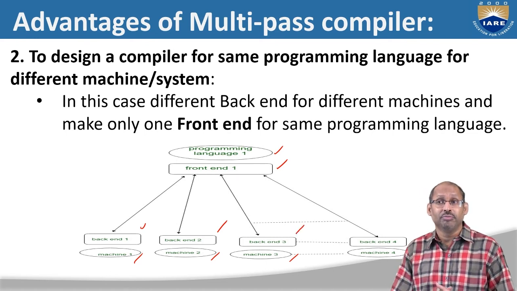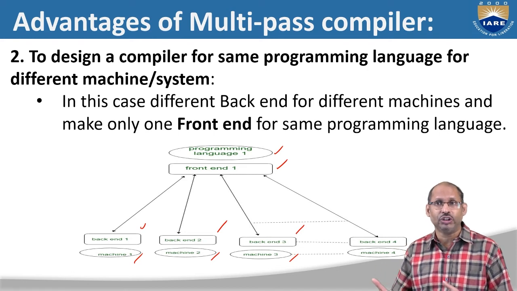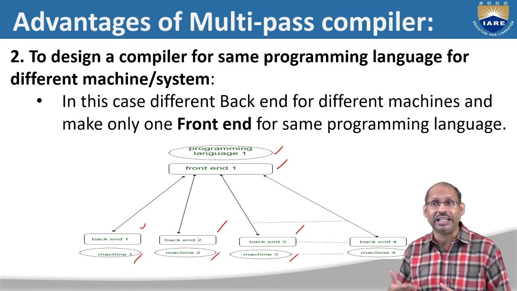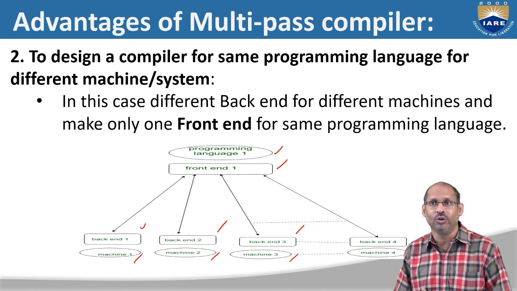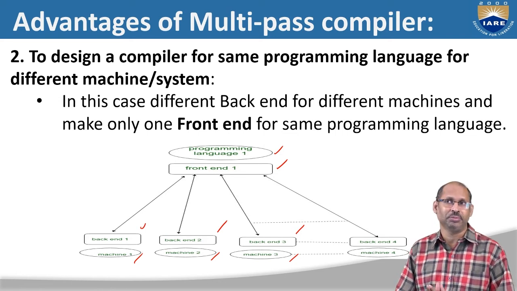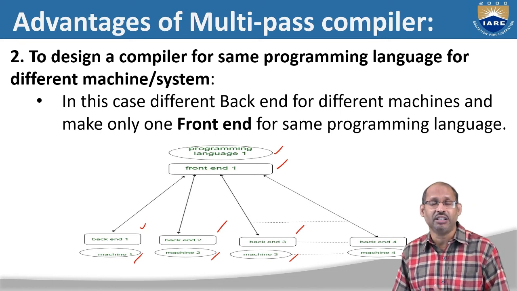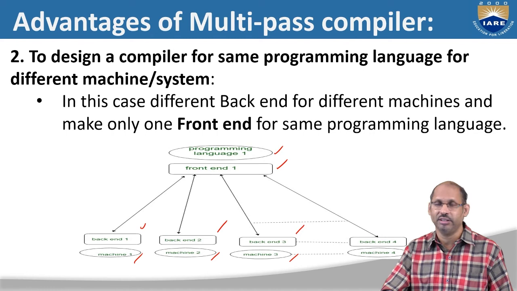So depending on the machine on which we are executing the programs, we follow its instruction set and apply it in the backend, in the code generator, right? So it avoids the headache of constructing the front end for every machine. So that is the advantage of having multipass compilers, right?